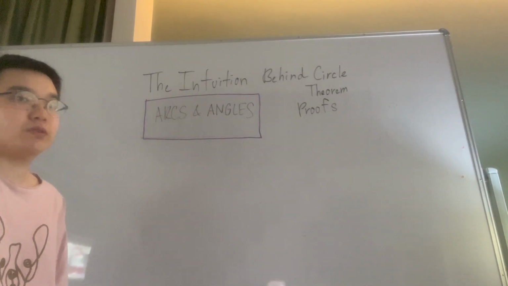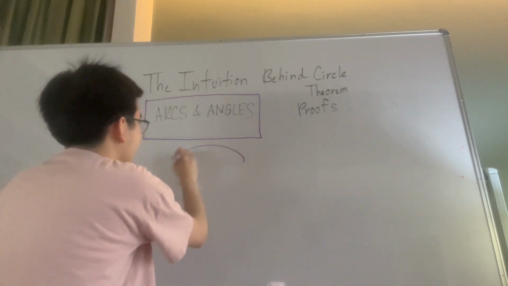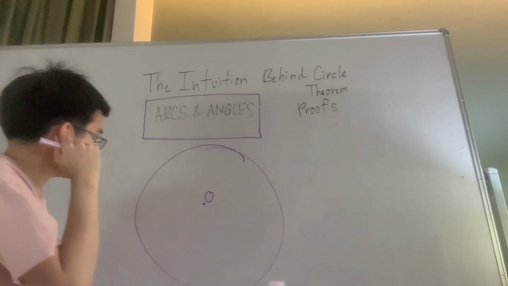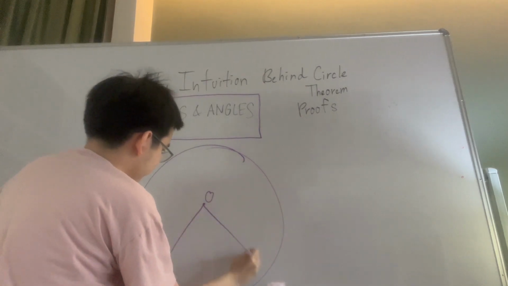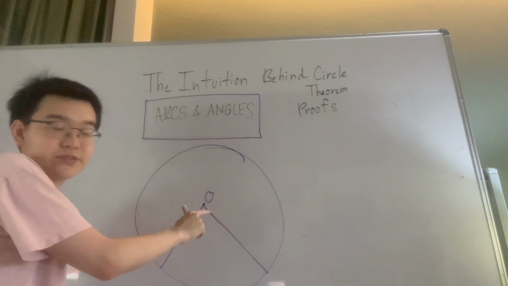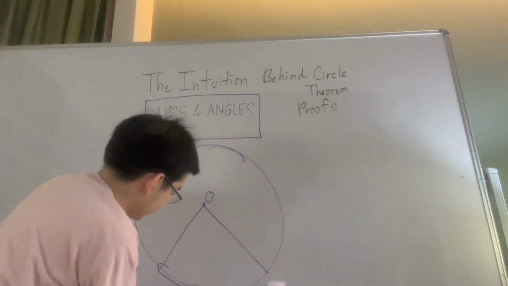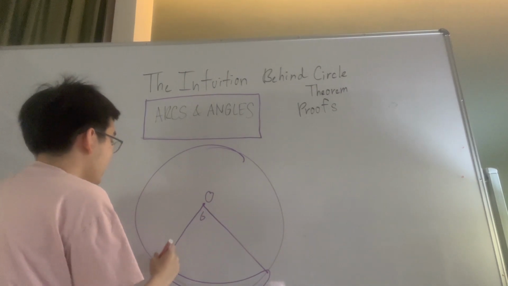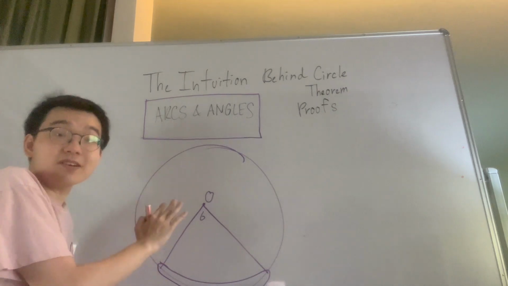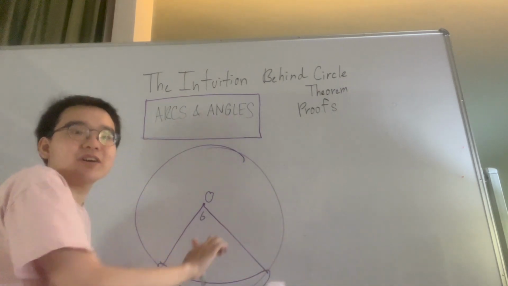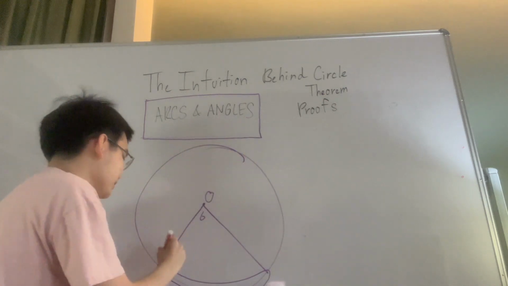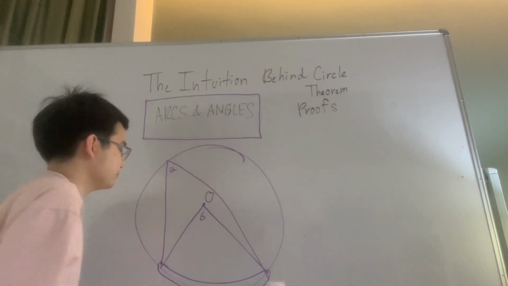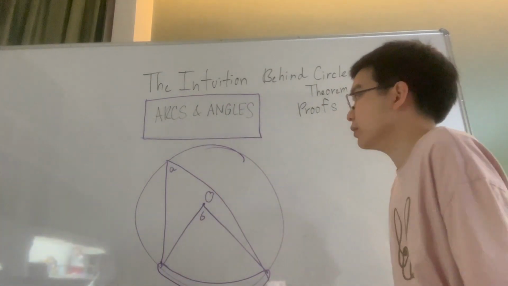And now we're going to prove one of the key theorems, which is this. If I have a giant circle here, I'm going to call its center O. And if I make an angle relative to the circle's center and across any arc, say here, call this angle B. And if I were to make another angle that shares the same arc over here, but is anywhere else along the edge of the circle, say here, then the two angles are related in the following way.